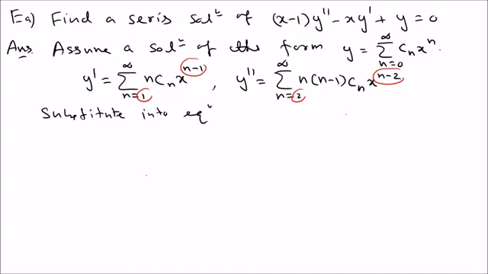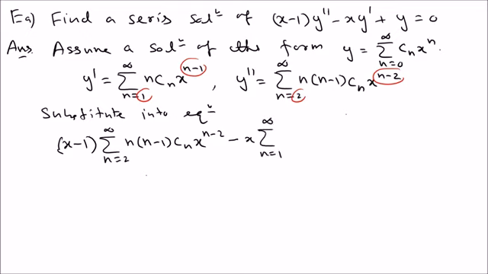We have x minus 1 as a term, times y double prime, which is the sum for n going from 2 to infinity of n minus 1 c n x to the n minus 2, then minus x times the first derivative, which starts with n going from 1 to infinity of n c n x to the n minus 1, plus y, which is the sum for n going from 0 to infinity of c n x to the n. So we write that.